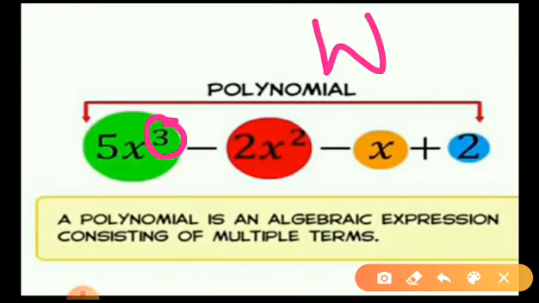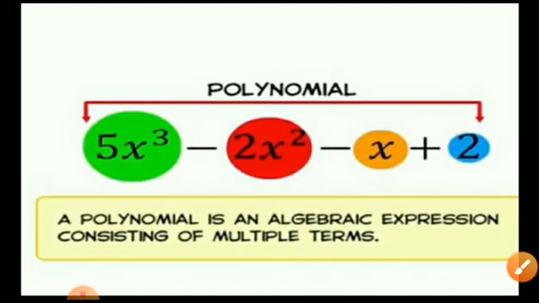Check, 3 is a whole number, 2 is a whole number, and where there is no x, that is x raised to 0. So the power of the variable should always be a non-negative integer. Okay, 0 will be included. So I can say it should be a whole number.